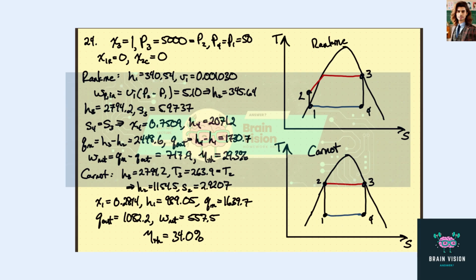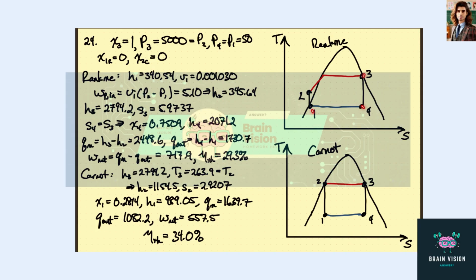Then we can get everything we need at 3 because we know the pressure and we know it's a saturated vapor. Knowing that we have an isentropic turbine, S4 equals S3. We know the pressure, so now we can get the quality and the enthalpy at 4.